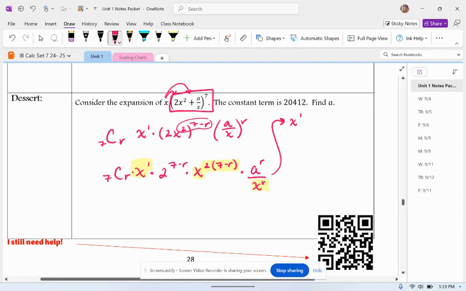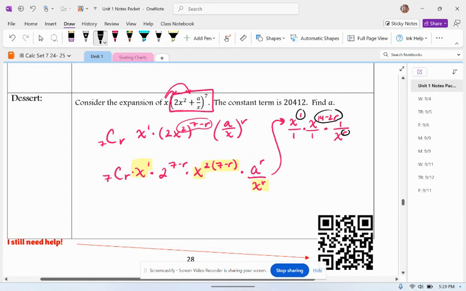So I've got x to the first times x to the 14 minus 2r, since 2 is distributed to the 7th, times a to the r, which we're going to ignore for now, over x to the r.